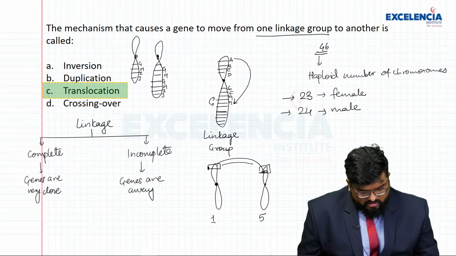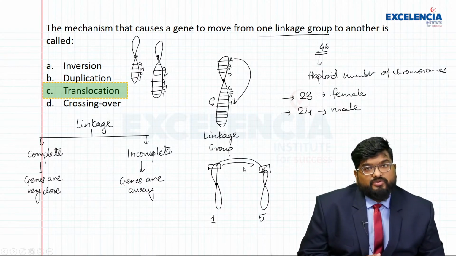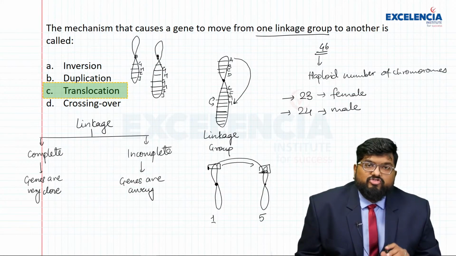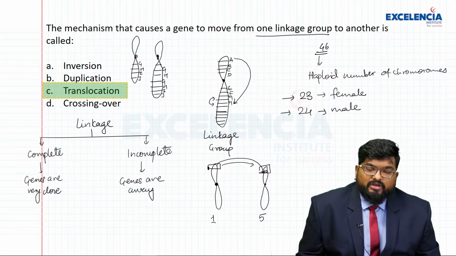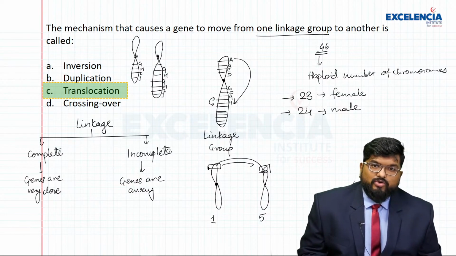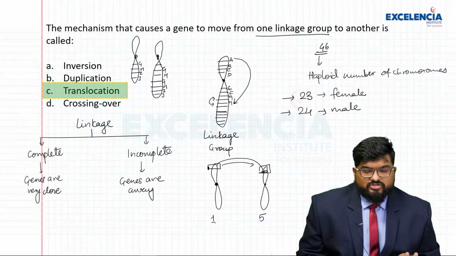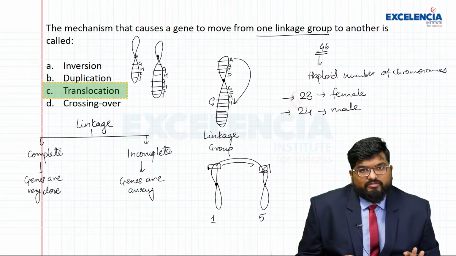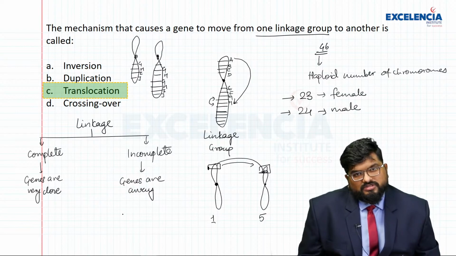Remember that translocation occurs between non-homologous chromosomes, and non-homologous chromosomes show movement from one linkage group to the other. Crossing over is always between the homologous chromosomes.